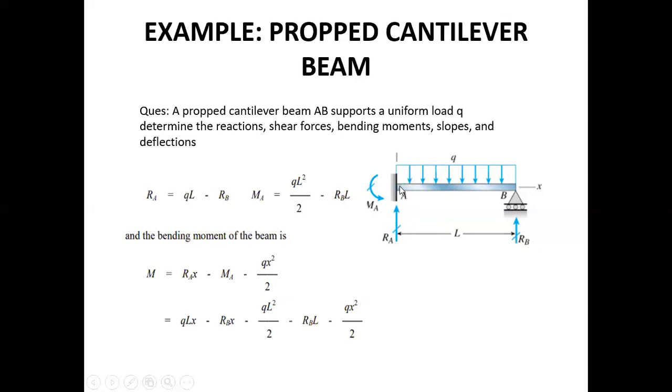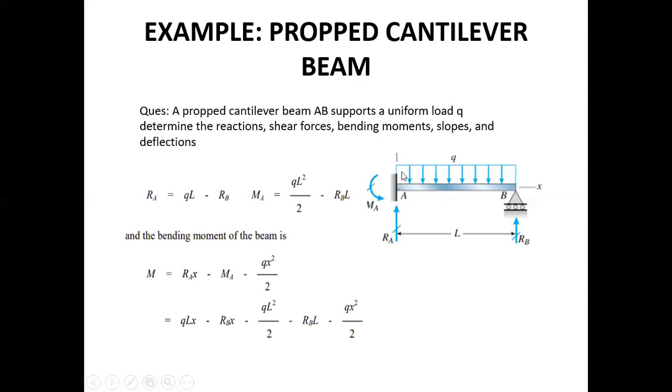Okay, so let's not take about B. Let's take about A. So what will be the moment about A? First will be this MA. It is already a moment, so it will not be multiplied by any perpendicular distance. Second is this qL. This qL is the load, and the perpendicular distance will be L by 2.